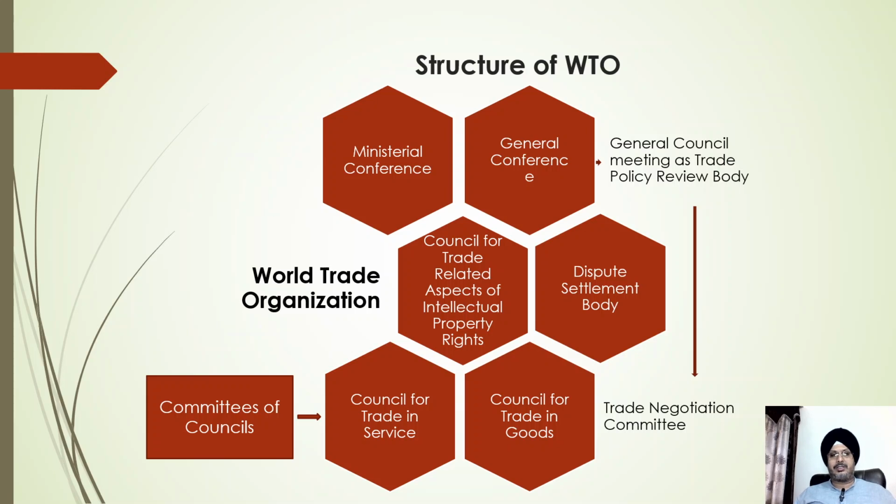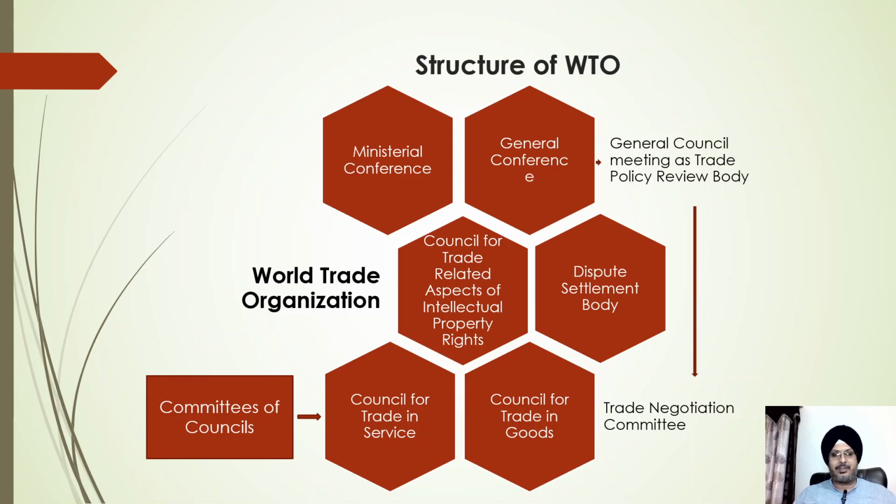Now, what is the structure of the WTO? The highest body of the WTO is known as the Ministerial Conference. It meets once in 2 years. It is the body which discusses and negotiates international trade.